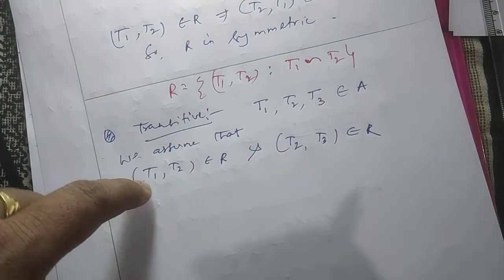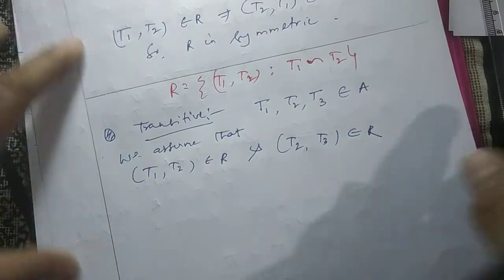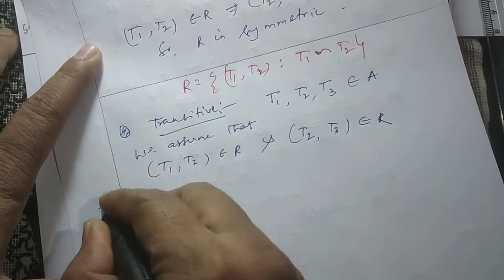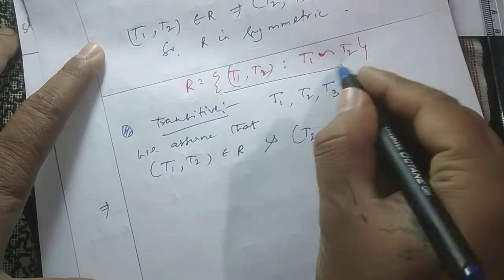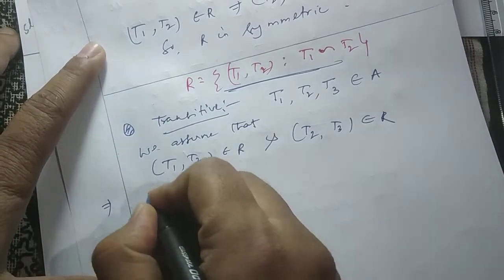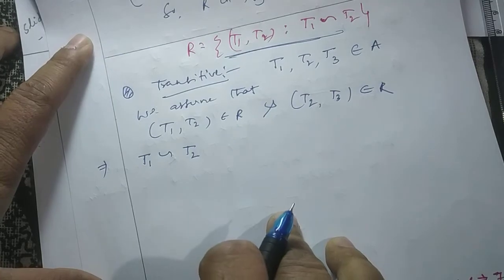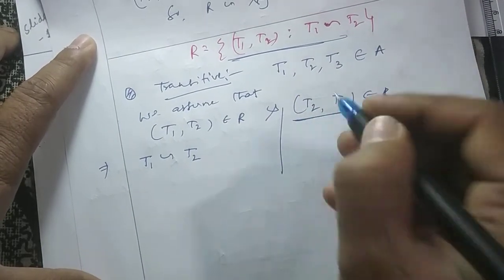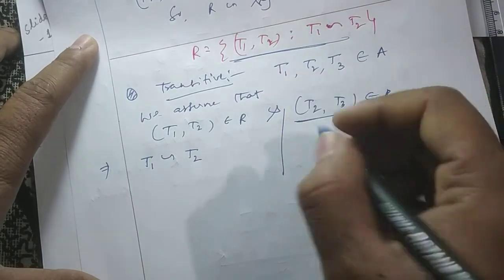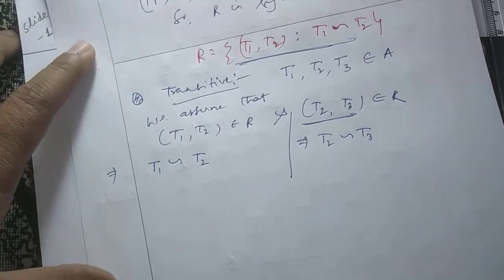Otherwise not. Now let us verify whether (T1, T3) belongs to R or not. Now look at the given definition here. (T1, T2) belongs to R means the triangle T1 is similar to triangle T2. Correct? Similarly, (T2, T3) belongs to R means the triangle T2 is similar to triangle T3.